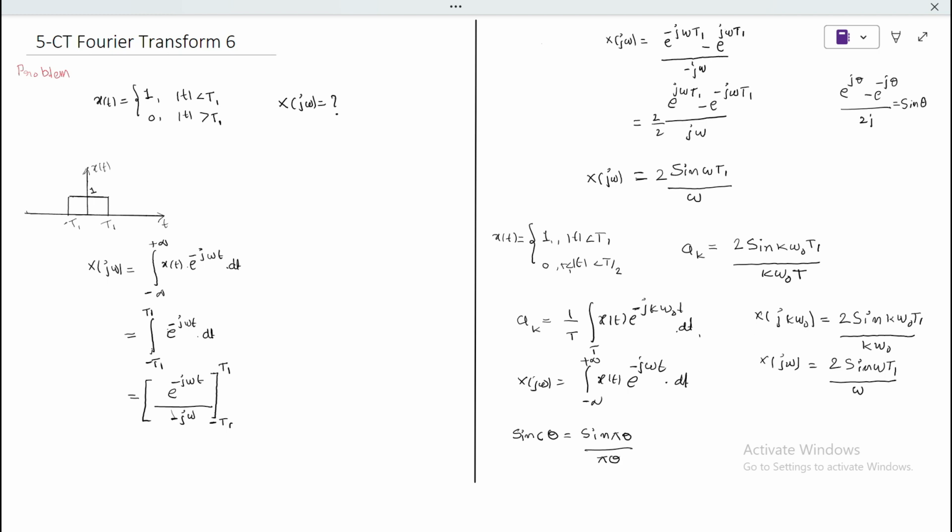So here I'm going to convert to the sinc function. Omega theta 1 and pi missing, and t1 missing. So I'm writing 2 sine of omega t1 by pi, and t1 is also missing, so first of all I'm writing t1.